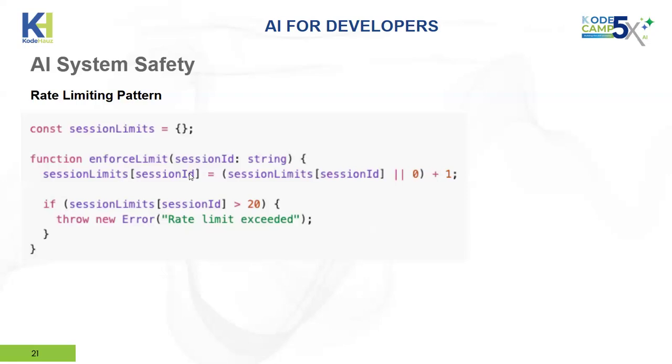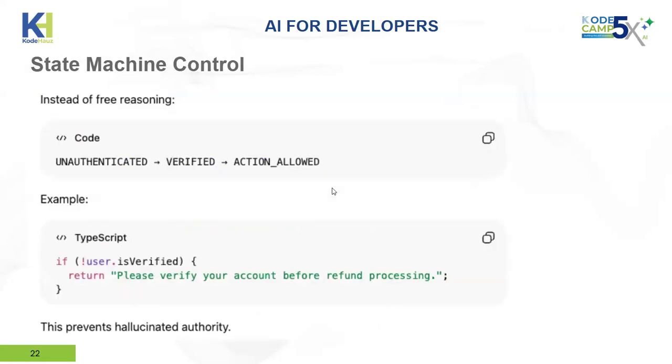These are examples of how you can enforce rate limiting. You can throw rate limit errors. Basically, you keep track of your session limits on a per-session basis. And if the number of sessions, for example, exceeds your maximum session limit, then you can have a rate limit error.